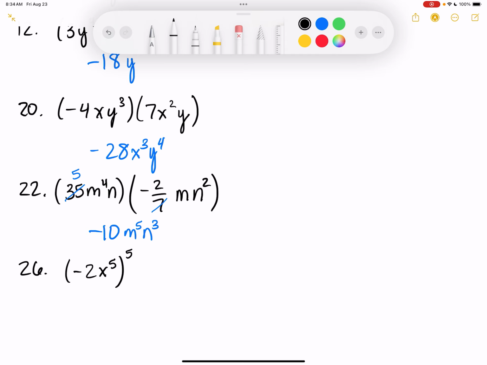So that's going to be negative 2 raised to the fifth power. And then what about this x to the fifth raised to the fifth? What is that going to end up giving me? Yep. So we multiply them. So we get x to the 25th. And then anybody know what negative 2 to the fifth power is? Negative 32. So this ends up being negative 32 x to the 25th.